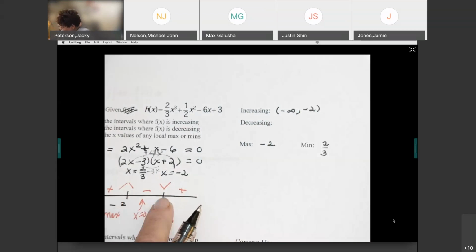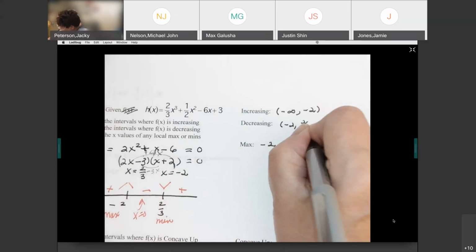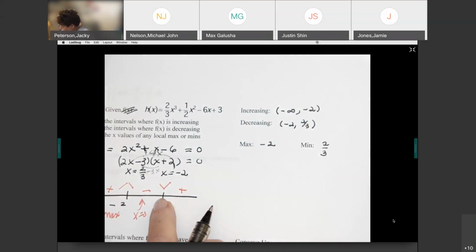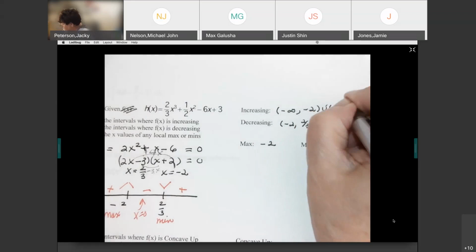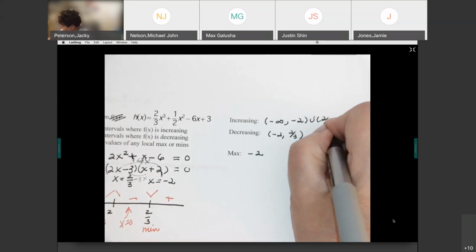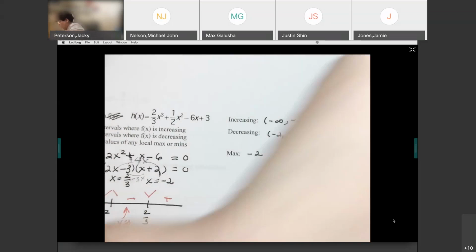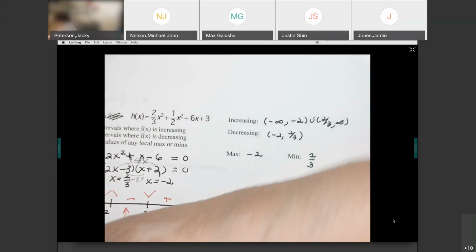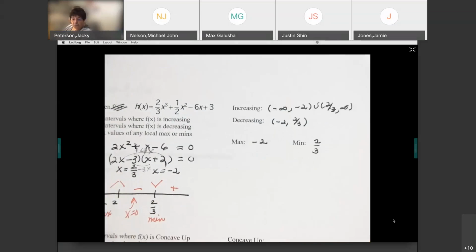Then it decreases between -2 and 2/3. And then I increase again from 2/3 to infinity. Between the ladybug and these papers on the side, I'm running out of space on my table. That's why things get a little blurred.